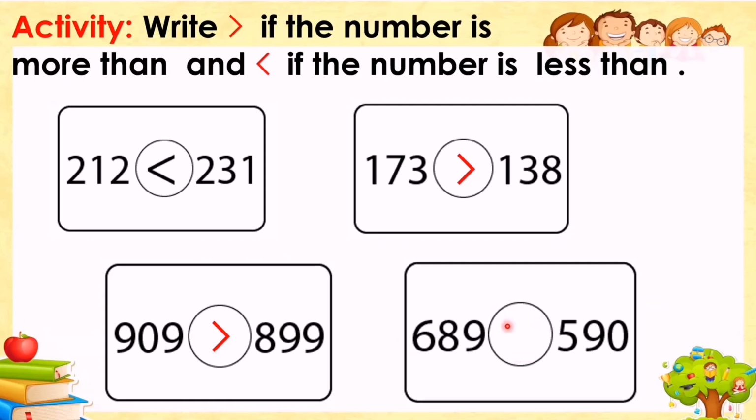Is it more than or less than? The answer is more than. Since 689 is the bigger number, you will face the bigger number. So that is the 4 symbols.